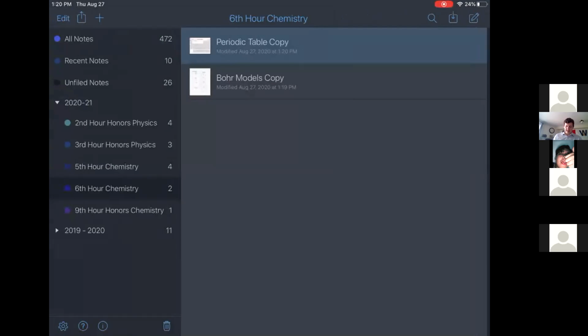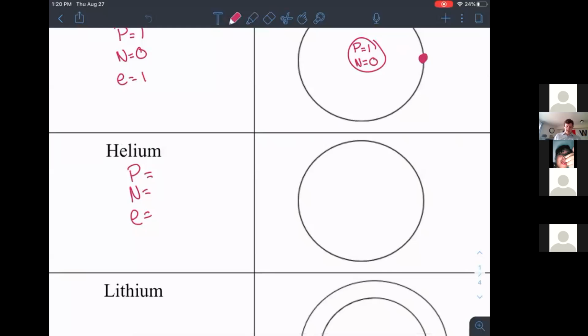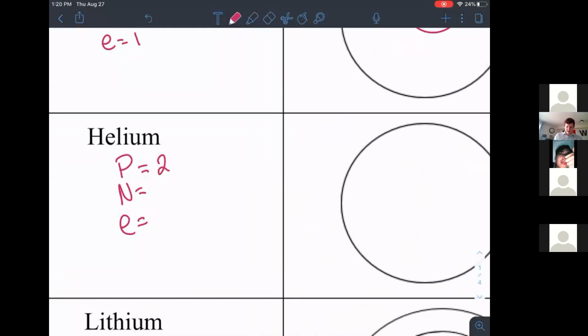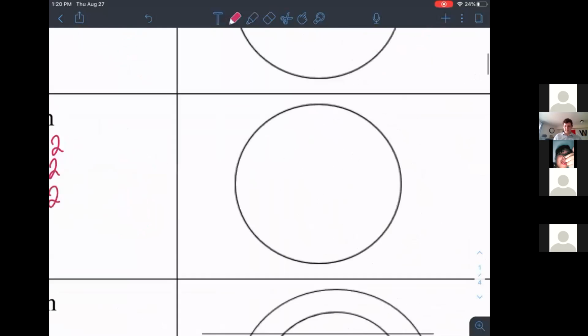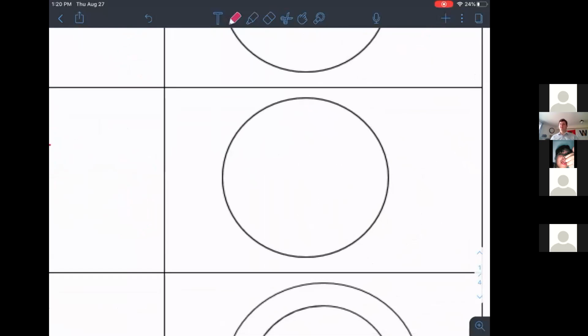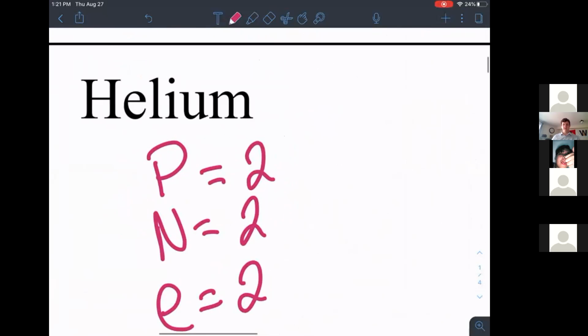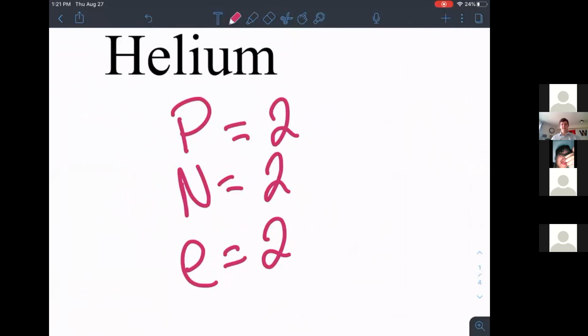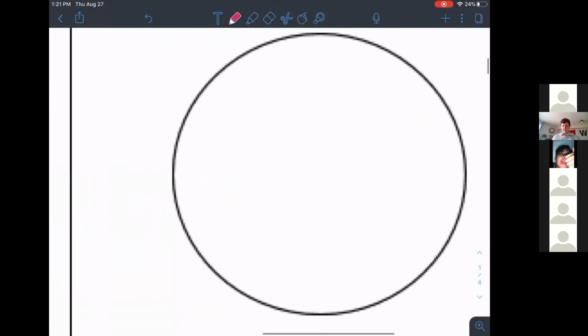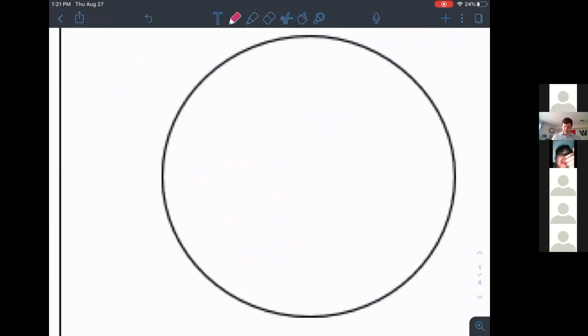So now if we go back to our Bohr model, if we're drawing this, I'm going to write down that we have 2 of everything. What do I put down first? What's the first thing I have written down? What's the first subatomic particle? Protons. So that's the first one I'm going to draw. And where do I put my protons? Inside, in the center. Perfect.